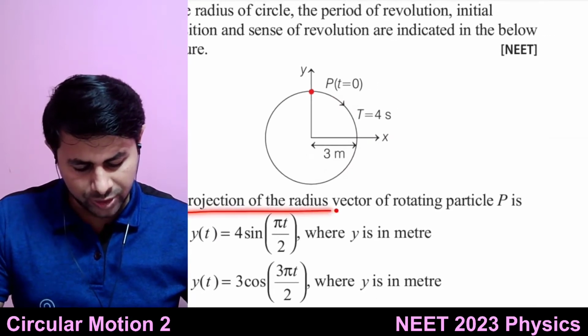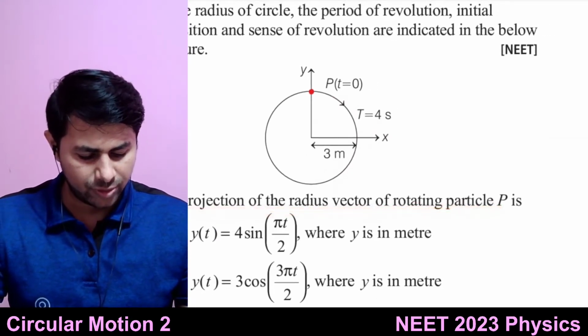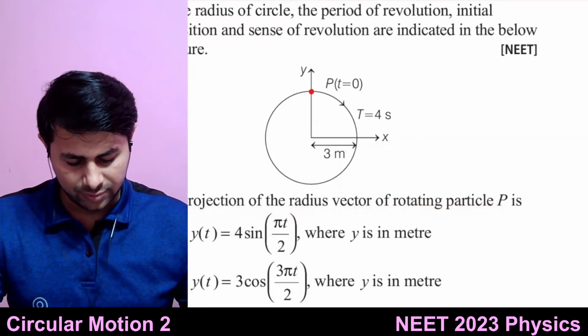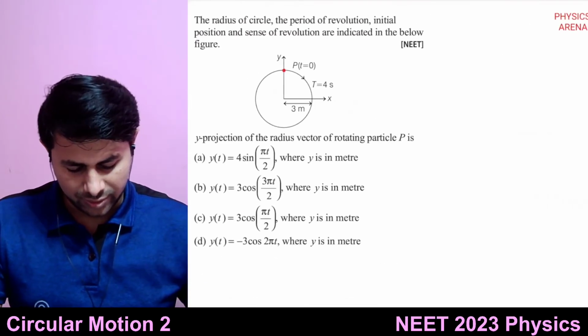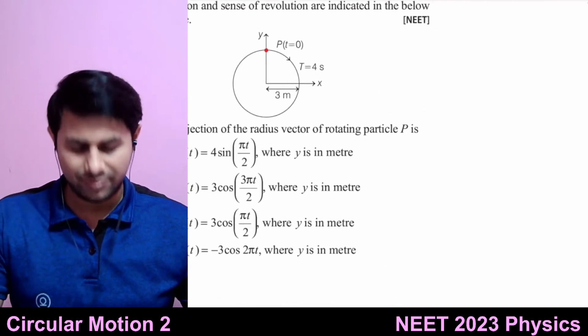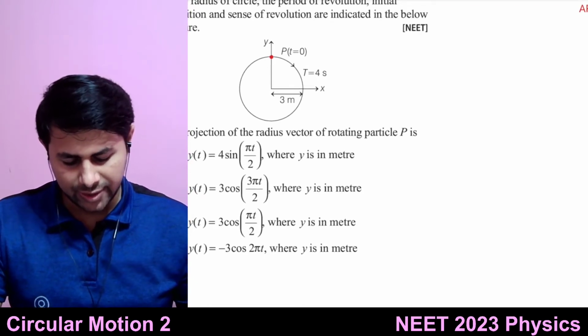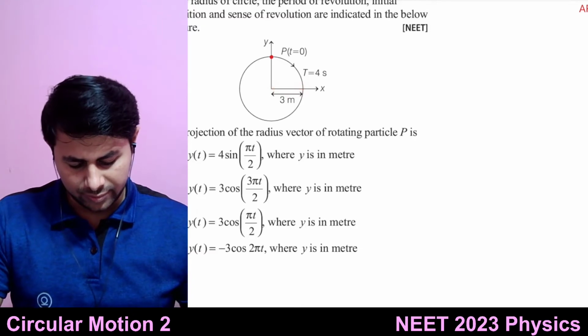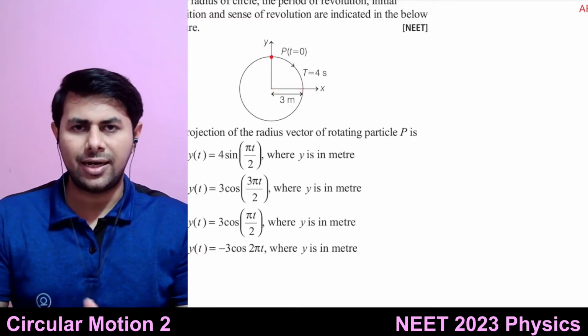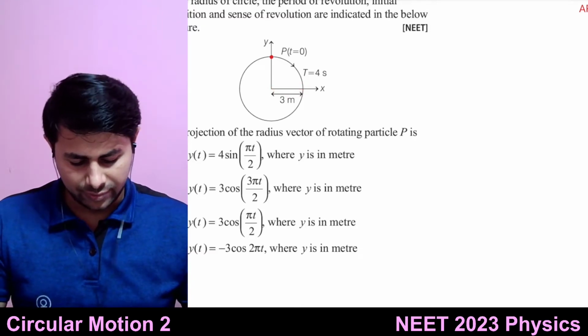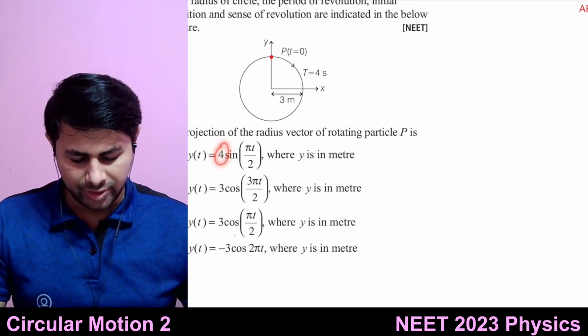So the y projection of the radius vector of rotating particle P is, tell me. Okay, you want to see the options? What is the radius? 3. So it is r sine or cos. Okay, right? So 4 cannot be the answer.